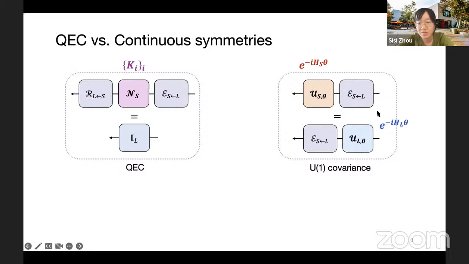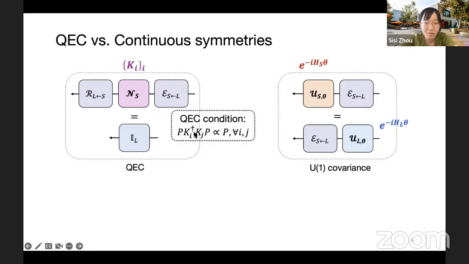And it describes the case where the logical Hamiltonian evolution generated by HL is equivalent to the physical Hamiltonian evolution generated by HS, while theta is just some arbitrary real number.